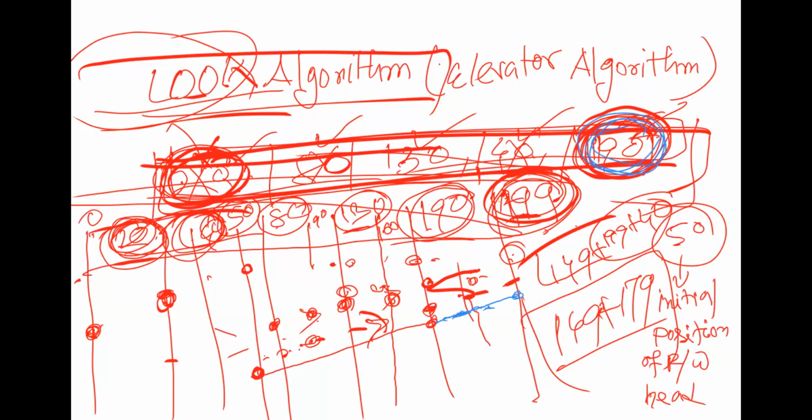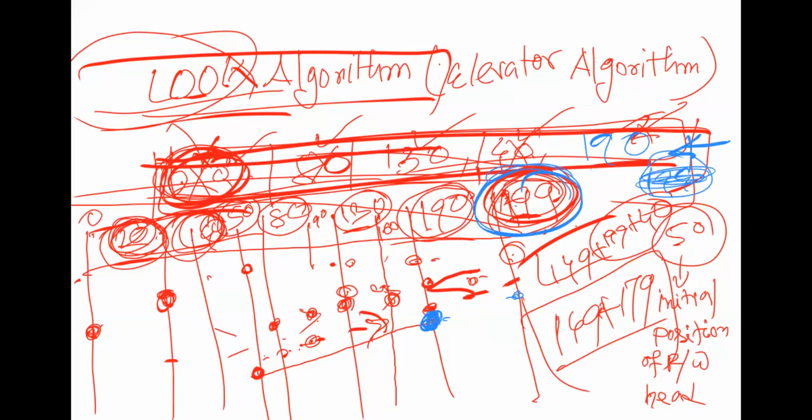But for the LOOK algorithm, once it reaches the highest requested cylinder position, 190, it looks whether any higher request is available or not. There is no 199 or 198, so it won't go to the end. From here it will come back. It won't go to the outermost cylinder like scan and C-scan algorithms. It just goes to the highest track request that it received.